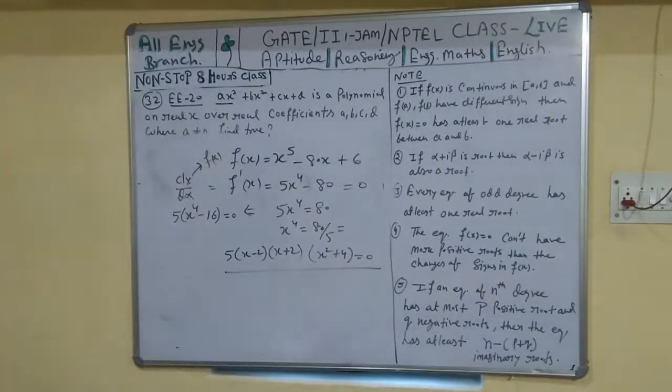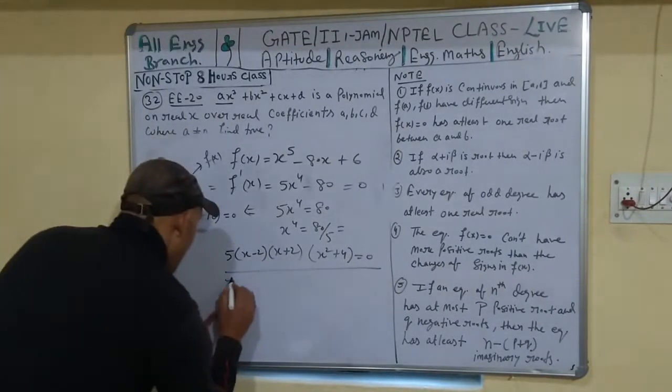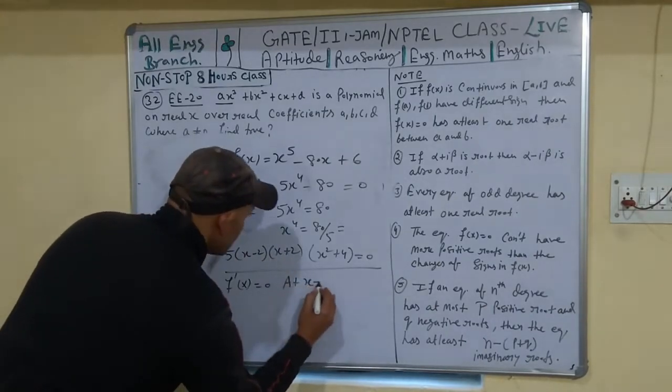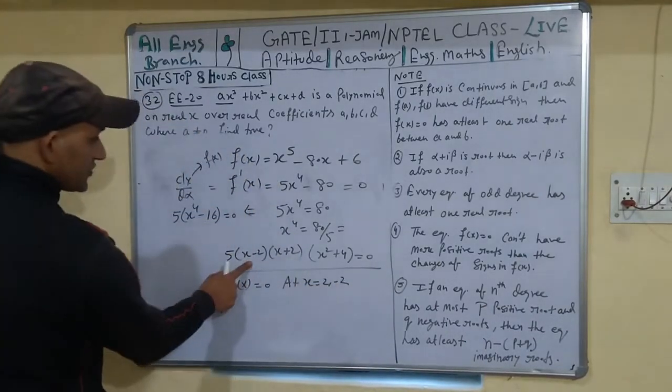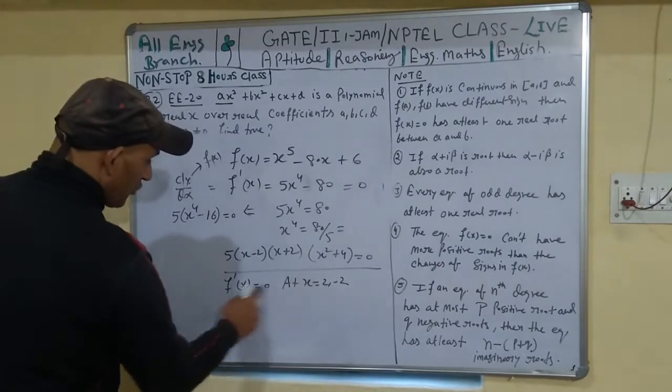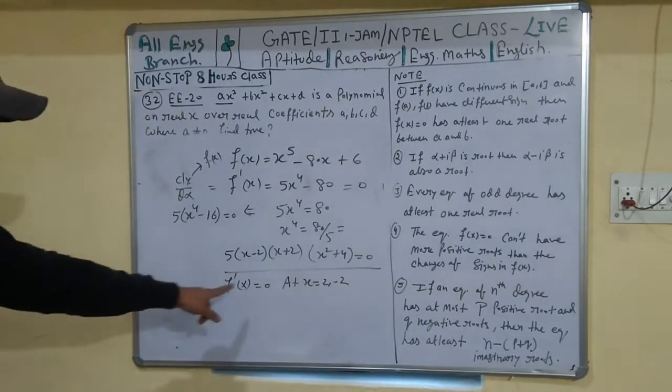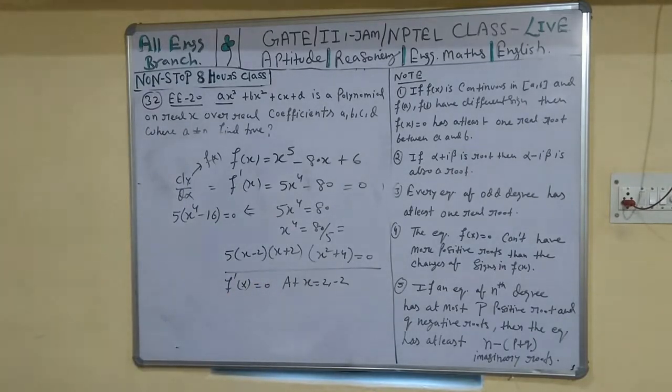So now you know that f dash x is equal to 0 at x is equal to 2 and minus 2. If you put these, then f dash x is equal to 0. So here your maximum or minimum value may lie, or it may be a saddle point.